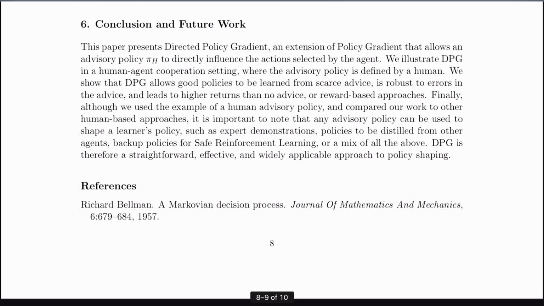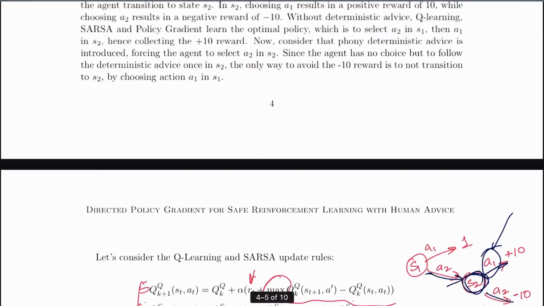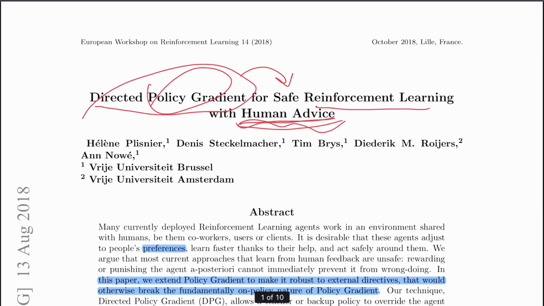So finally, I think this was an interesting work, but the other criticism that I have is, nowhere in this video at least would you have heard me saying the word safe, and neither did the authors say it in their paper, right? So a discussion on why they are concentrating on safe reinforcement learning is missing, and I think what the authors are trying to imply is the fact that we can incorporate human advice.